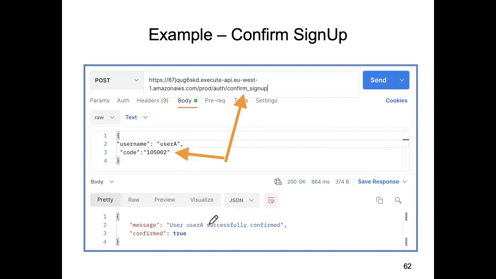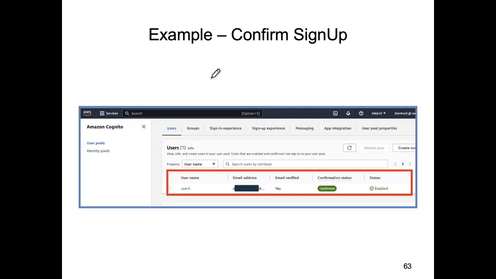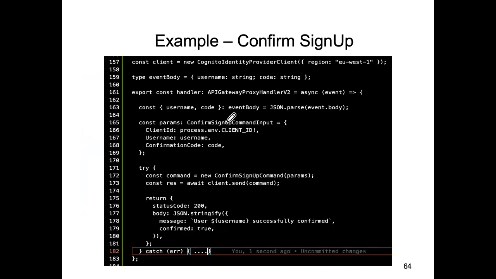So the Lambda that's handling this request, okay, here's the Lambda that handles that particular request. And again, the flow is quite similar. Create a Cognito client instance, extract the relevant parts of the body of the request, and create the appropriate Cognito command.